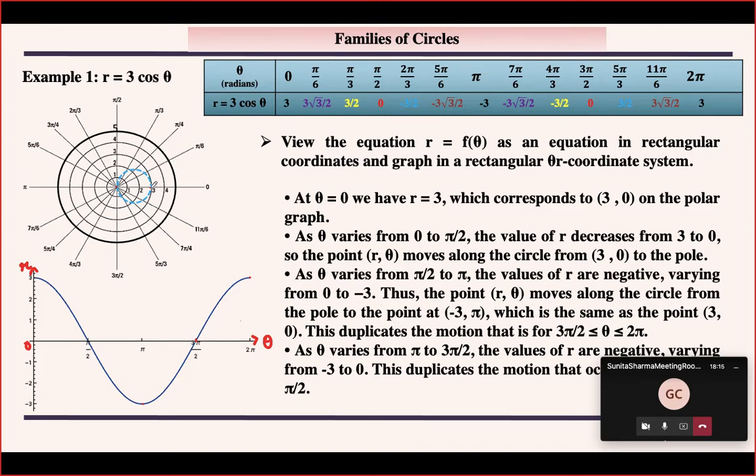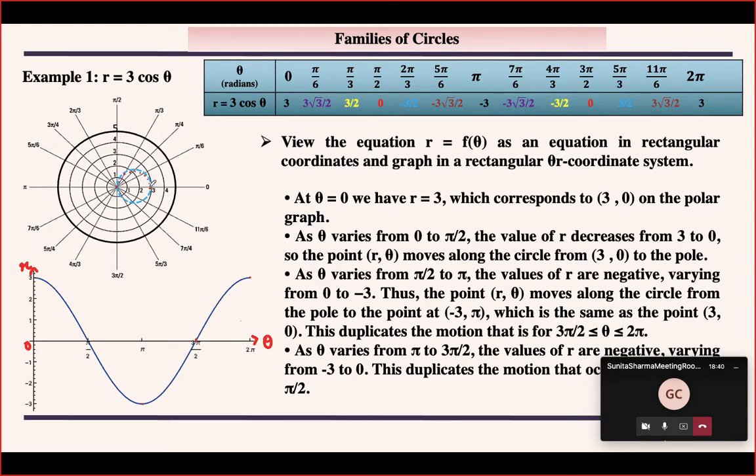You start from 3. When your theta is 0, your r is 3, and after that you start taking values which are closer to your pole. So you decrease the length of the line which is joining. Take smaller and smaller values. Your r is reducing, and it is reducing to 0.